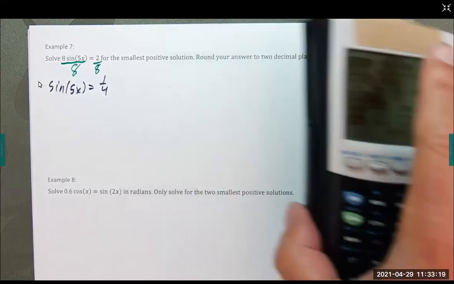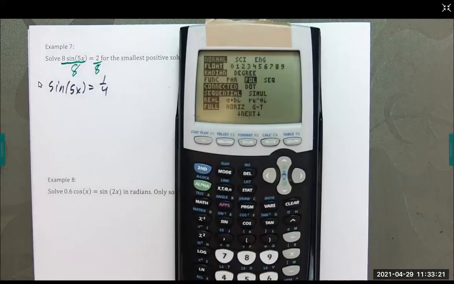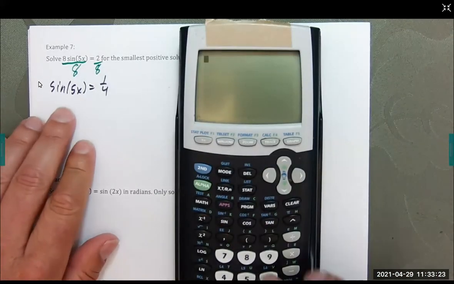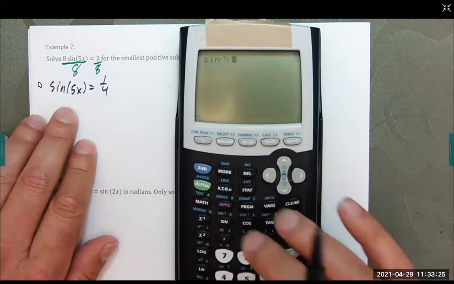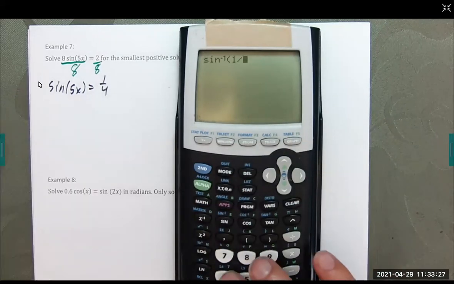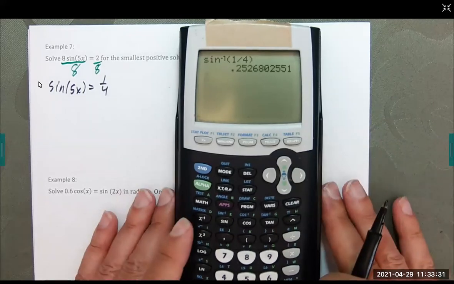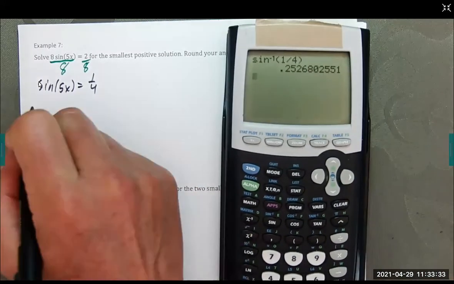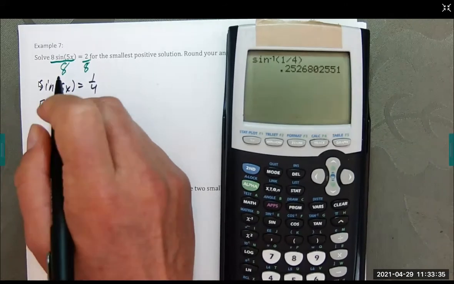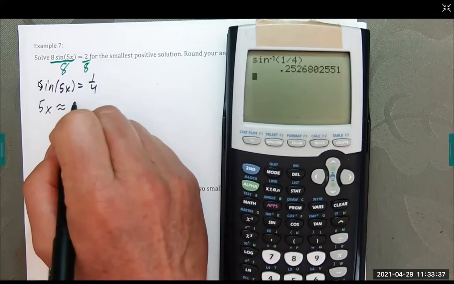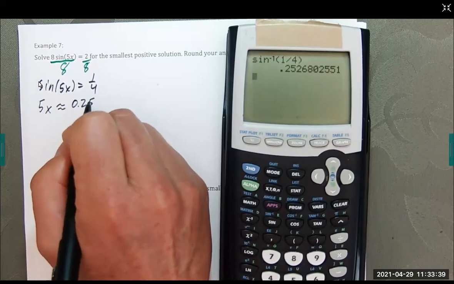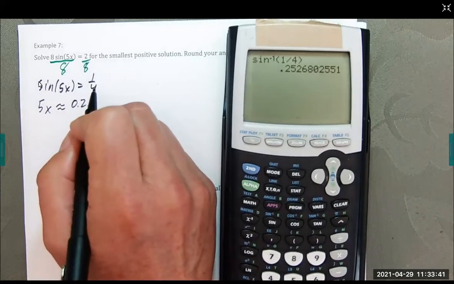And so I'm going to do inverse sine of 1 divided by 4. So what I have is that 5x is about equal to 0.25268.